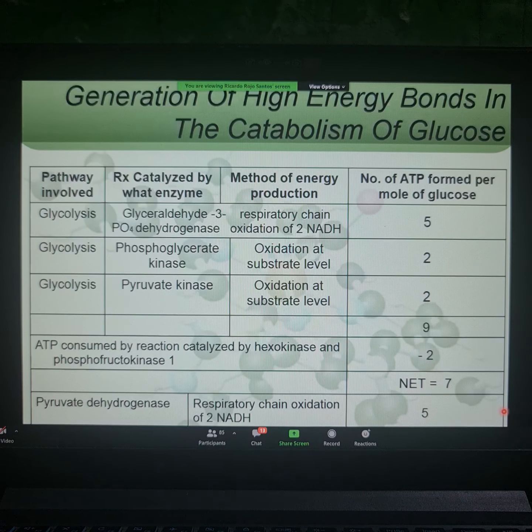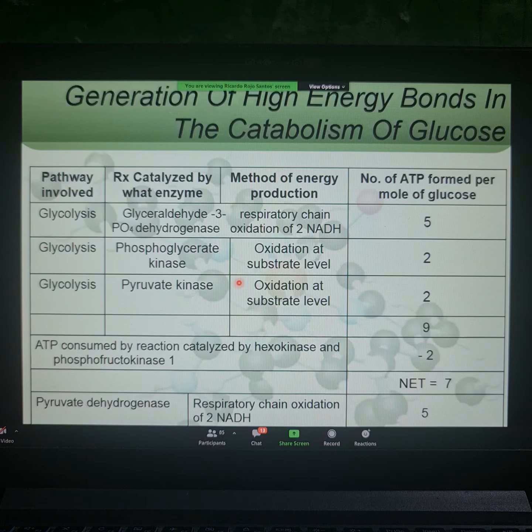Oh, by the way, since you're the same group of first year that I'm going to lecture at 4 o'clock, I think it is much better for me to discuss the pyruvate dehydrogenase reaction together with the Krebs cycle.